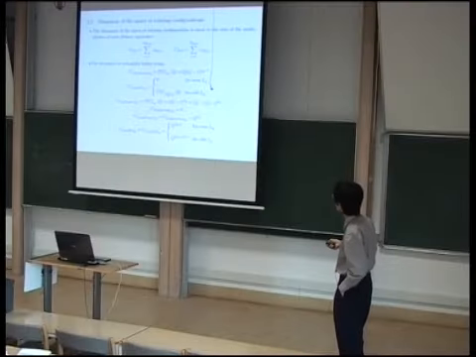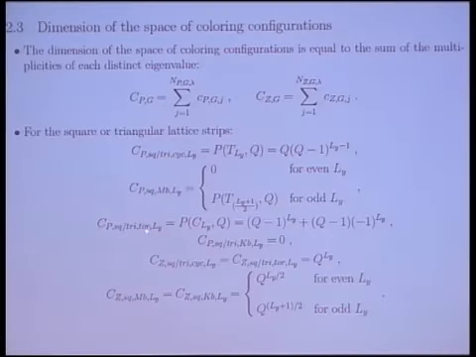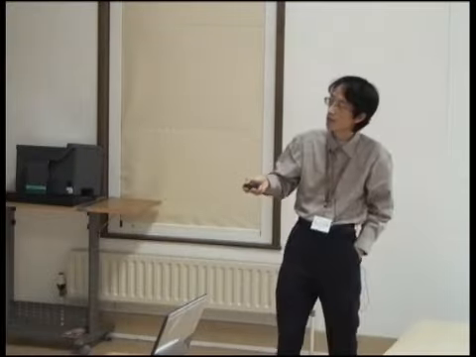And for example, for the toroidal boundary condition for the square and triangular lattices, each slice is a circuit. So the summation of these coefficients will be the chromatic polynomial for a circuit, which is given by this expression, and so forth for others.